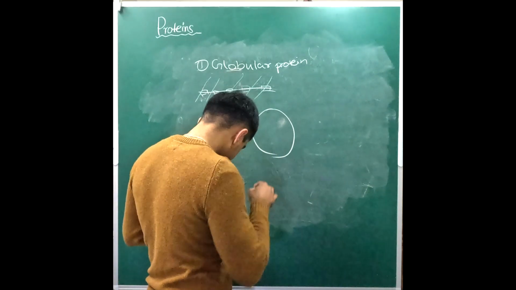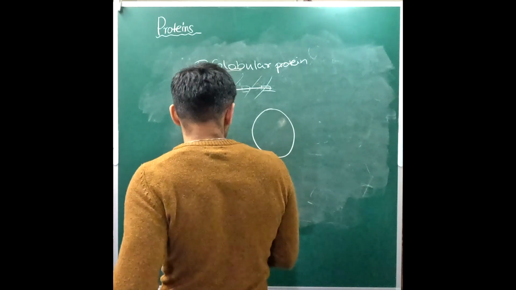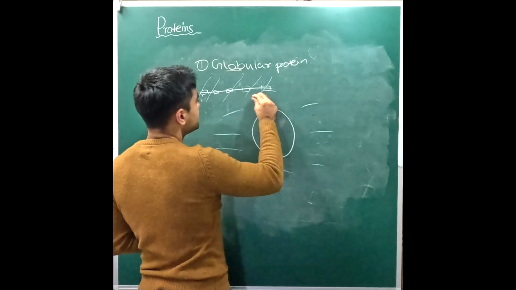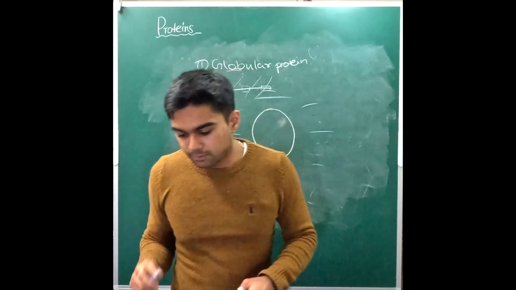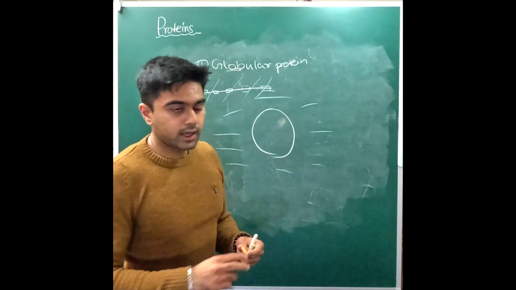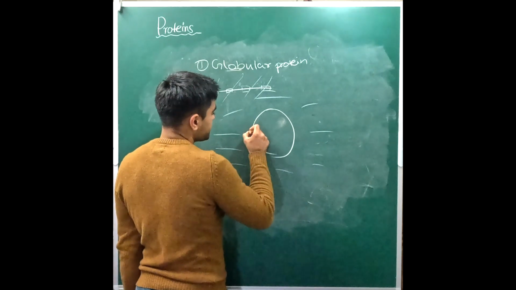So, how are we going to do this? Well, first, you've got water everywhere. And bear with me, I need to get my orange. Now, this orange guy will represent my hydrophilic amino acid R groups.